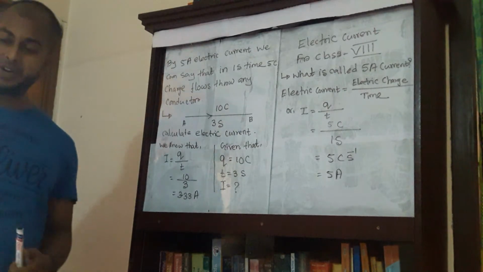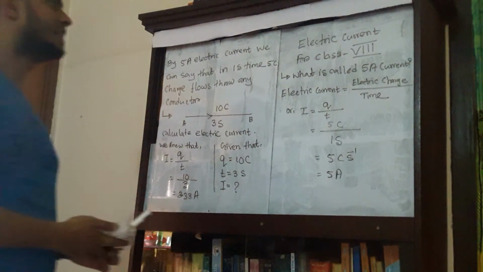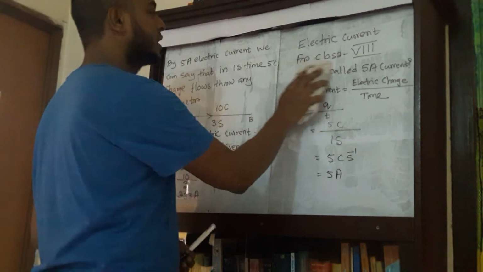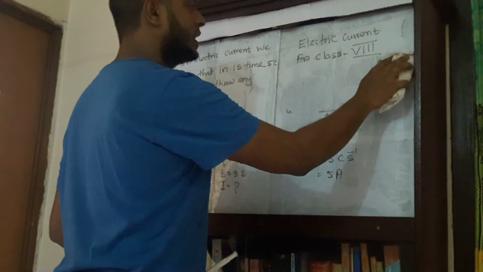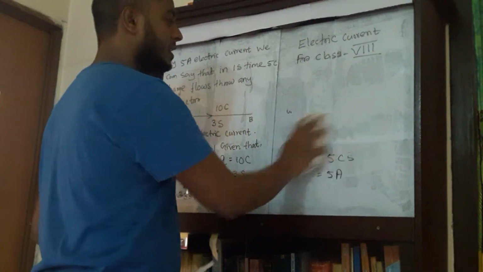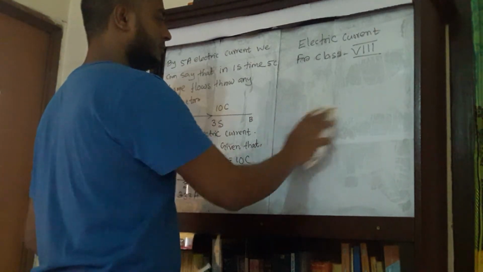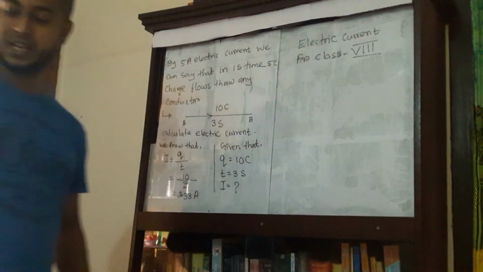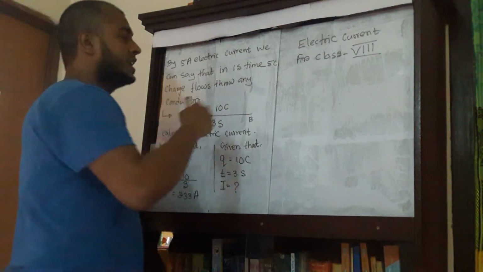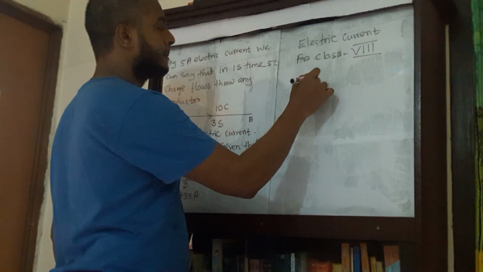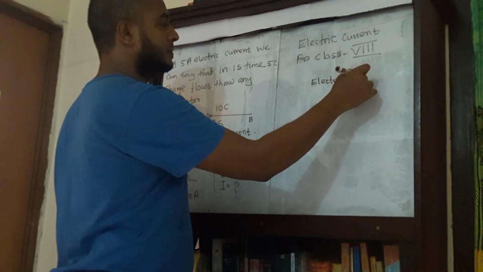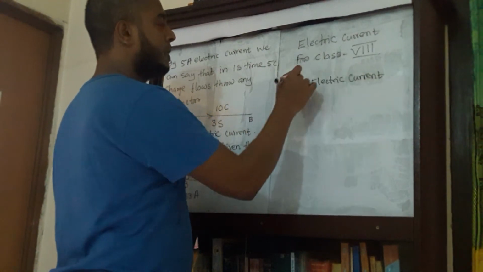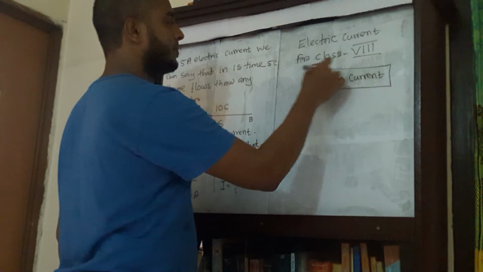Now, we need to know about the classification of electric current. Boys and girls, classification of electric current: electric current is mainly of two types.